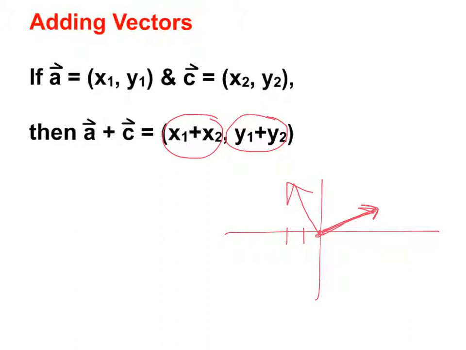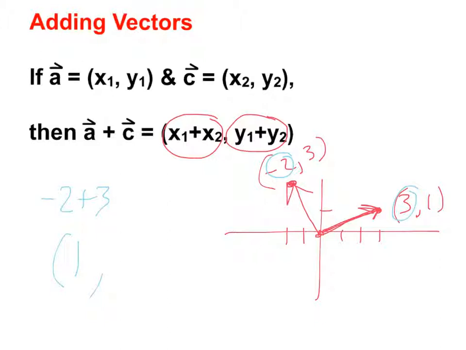We would do that. We'll say that the coordinate for this is going to be -2, 3. And the coordinate for our current is going to be 3, 1. So, what do I do when finding my new vector? I take the x's, -2 and 3, add them to each other. -2 plus 3 is 1.